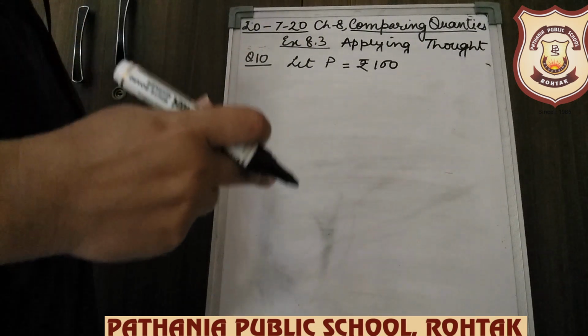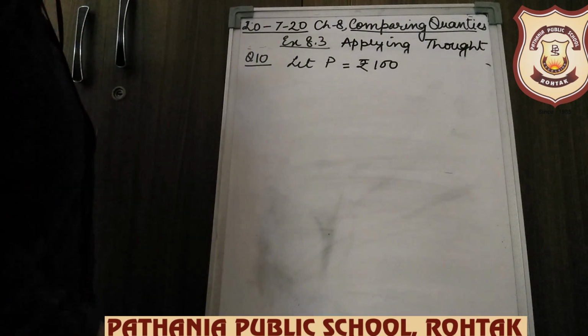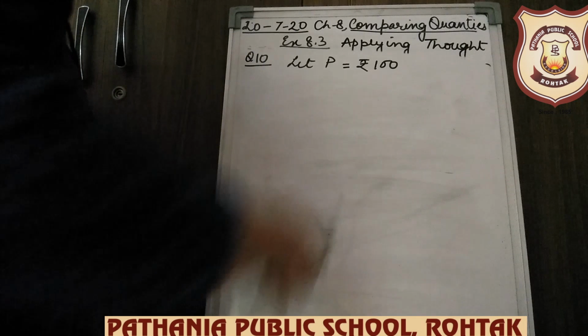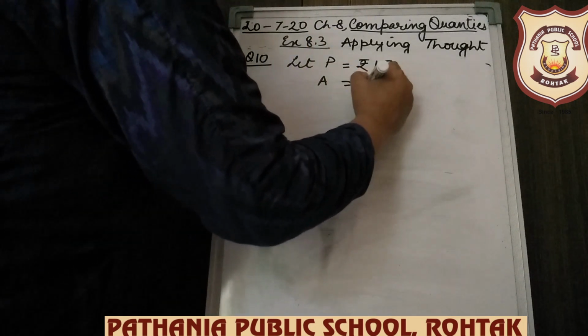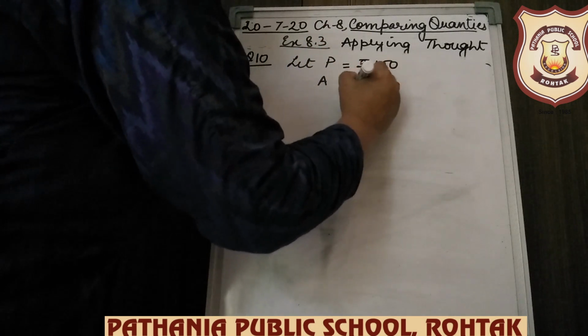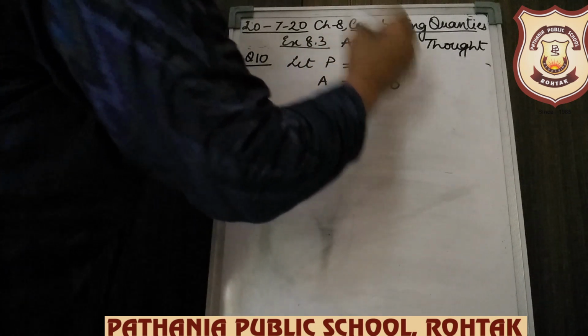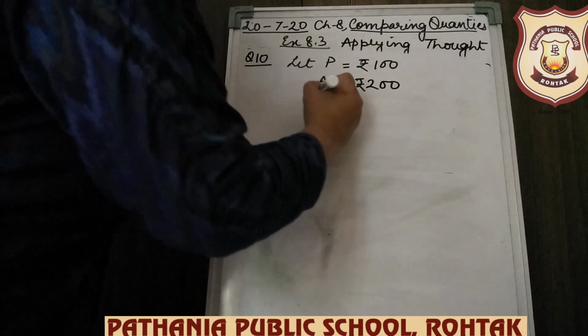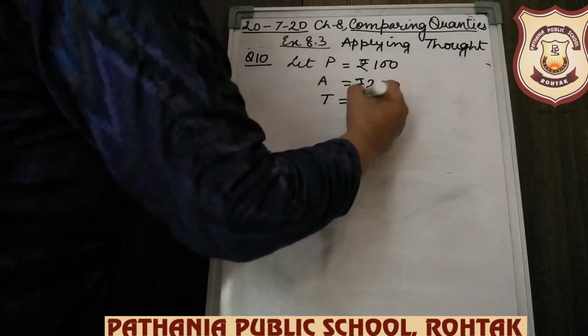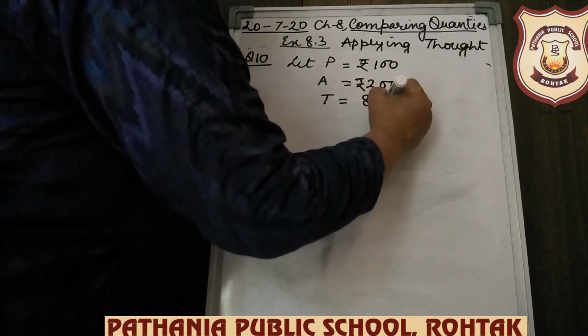Now what they are saying, money doubles itself, means the amount becomes 200. It has doubled, this is double of the principal. Then time is 8 years.